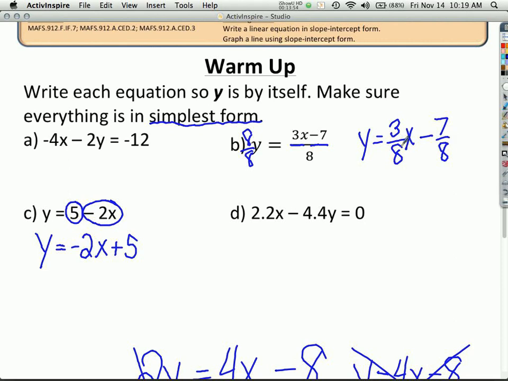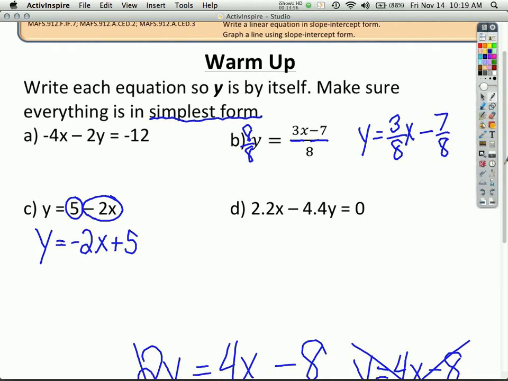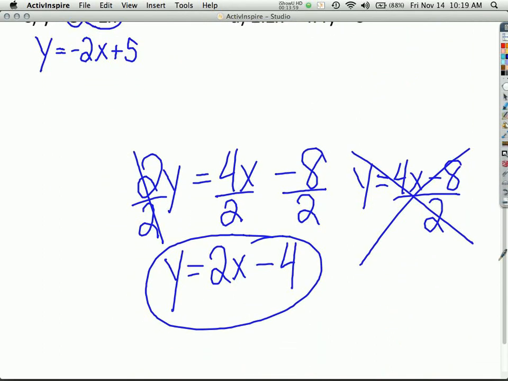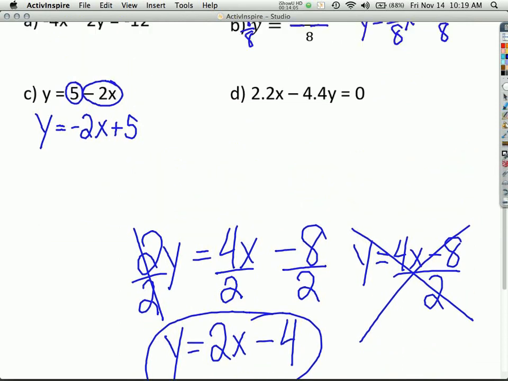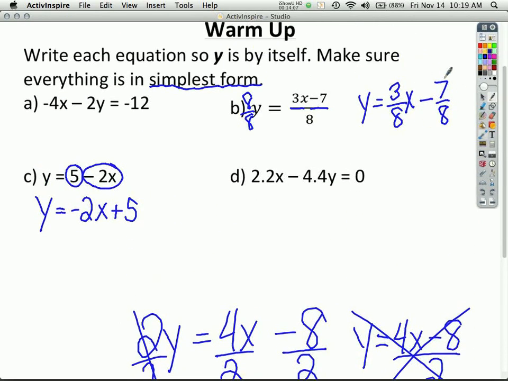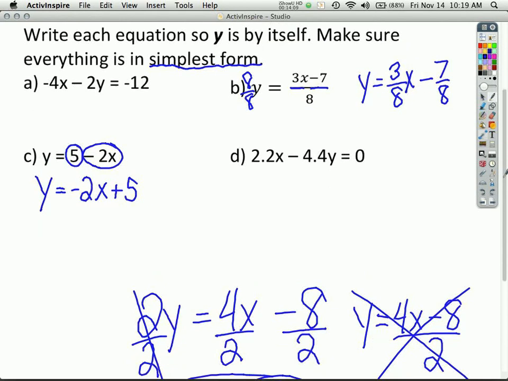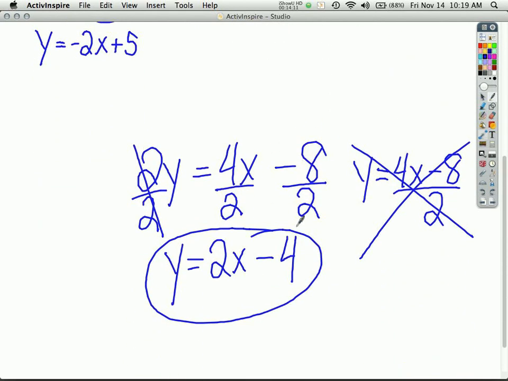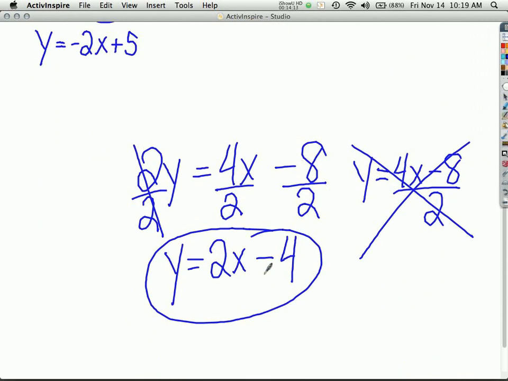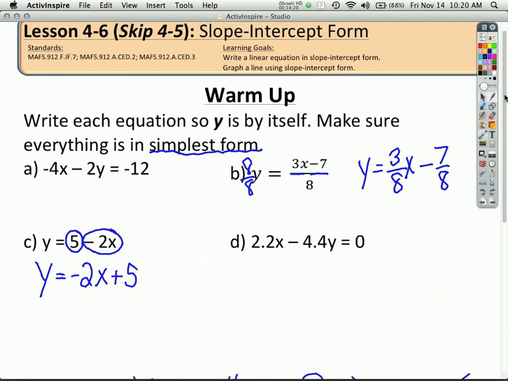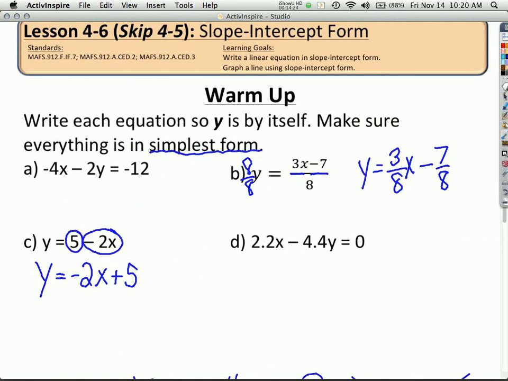You can't simplify that any further because 3/8 is in simplest form. 4 over 2 simplifies to 2, so you had to do that. Negative 7/8 is in simplest form. There's nothing to do. Negative 8 over 2 can simplify to negative 4, so you had to do that. So you have to pay attention, you have to know your details, you have to know all of this. Any comments, questions on part B?